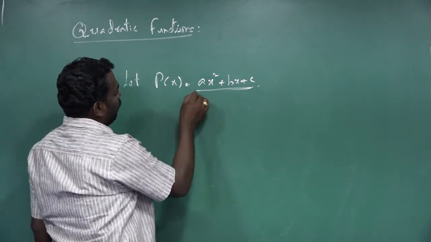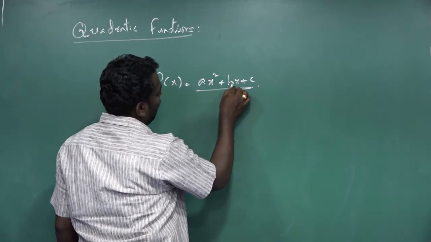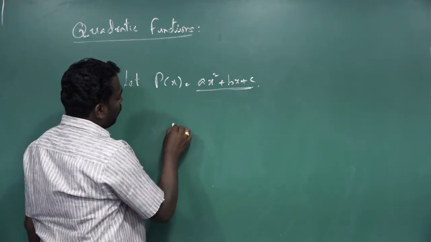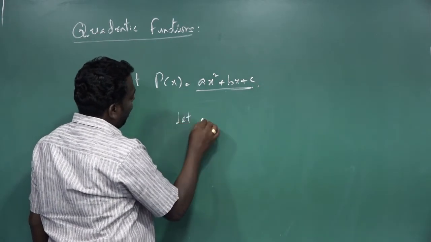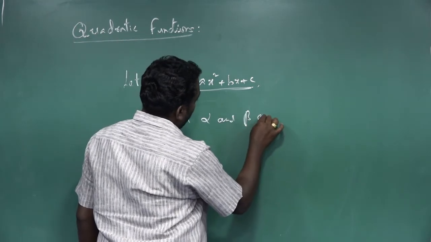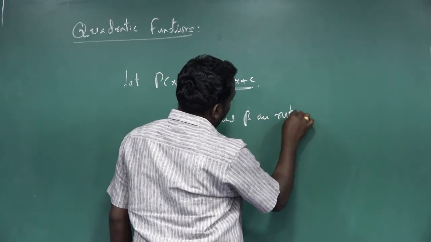Now, given the quadratic equation ax² + bx + c, we have to find the sum of the roots. The letters alpha and beta are the roots of the polynomial.